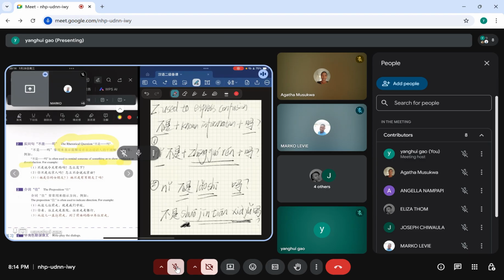So in this situation, you may feel confused, because the weather forecast says it's a sunny day, but you found that it was raining heavily today, right? So you may say, didn't they say it would be sunny today? So here we can use 不是吗.